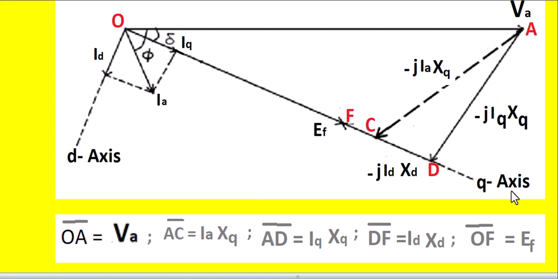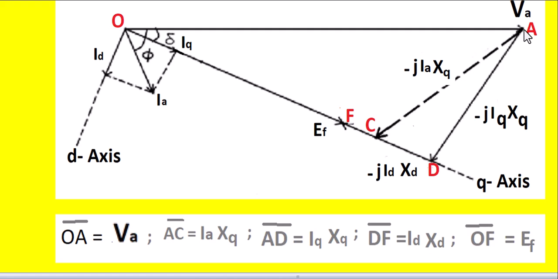This will represent the Q axis. Having known the Q axis, calculate Iq.